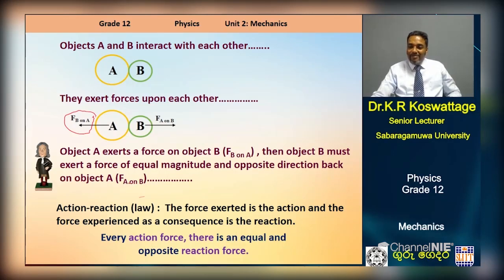I hope you are all sitting on a chair and watching this video. When you sit on your chair, your body exerts a downward force on the chair, and the chair exerts an upward force on your body.